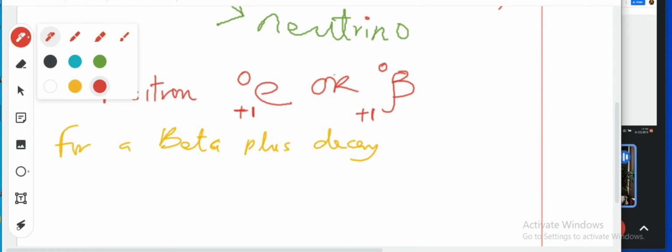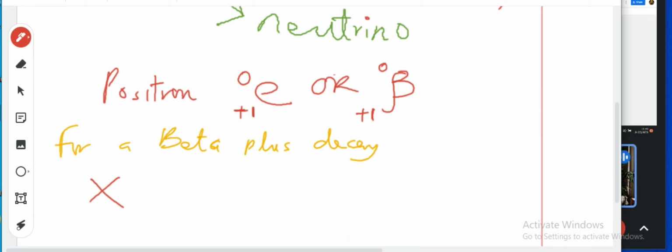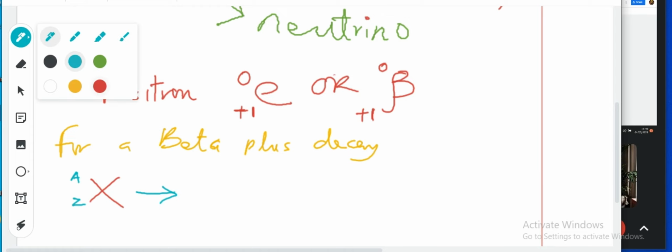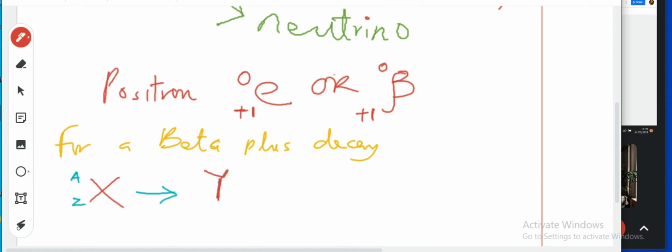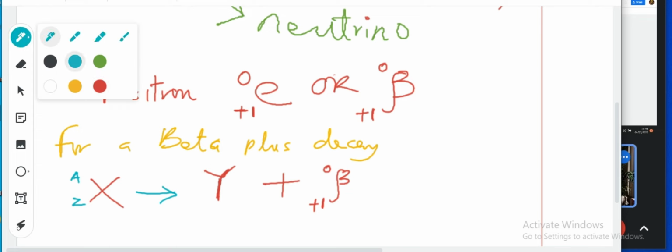If it starts with X, having a mass number of A and an atomic number of Z, and then it forms Y, plus a beta plus 0 plus 1. So what do you think we're going to have here for Y? The mass number will remain A. The atomic number will become what? Z minus 1. Z minus 1, okay.